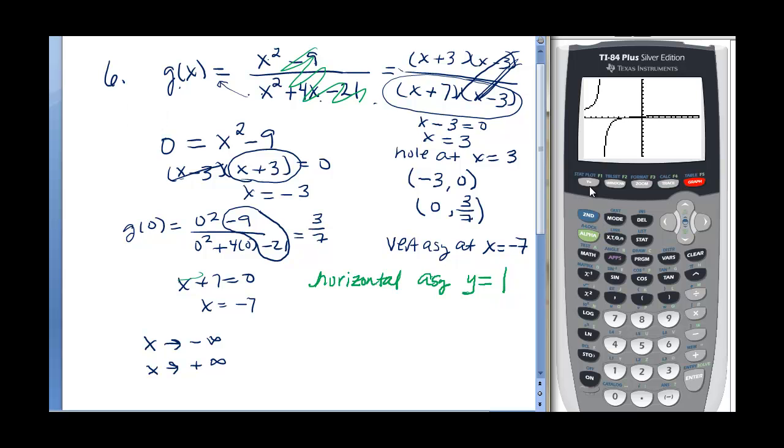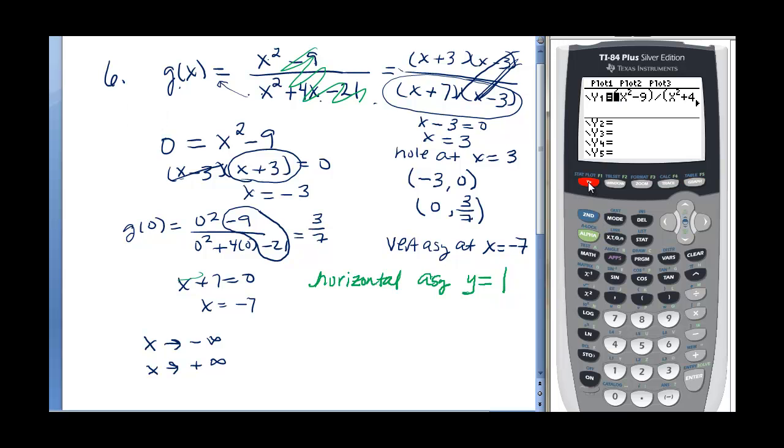Let's see, do I have it graphed over here? I think I already have it graphed. Let's look at the graph. A vertical asymptote over here at x is equal to negative 7. It does also look like I have a horizontal asymptote at y equals 1, and then it crosses the x-axis over here at negative 3, and if I wanted to find that zero, I could.